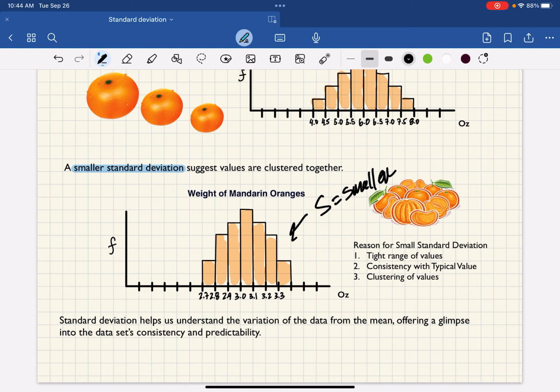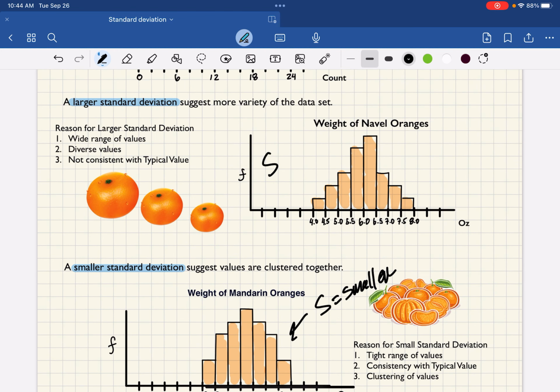And that's what we want sometimes with our customers. Other times, when the standard deviation is larger, then we're expecting different sizes, in this case the oranges. Oranges that are small tend to be sweeter than larger oranges because there's more water in the larger oranges. And of course, if you sell these oranges, maybe you don't want small ones or large ones. Maybe you want medium-sized ones because that's what your customers want.